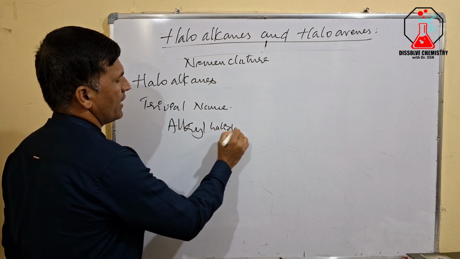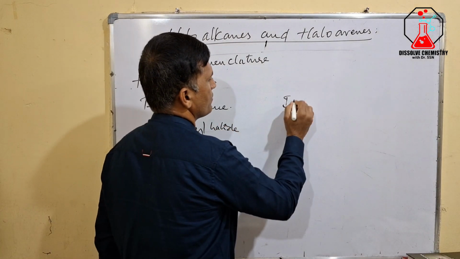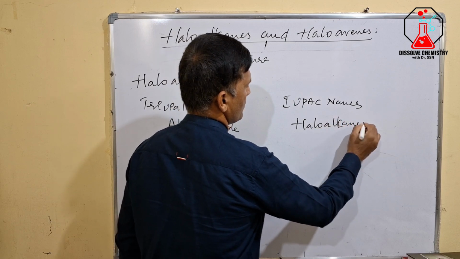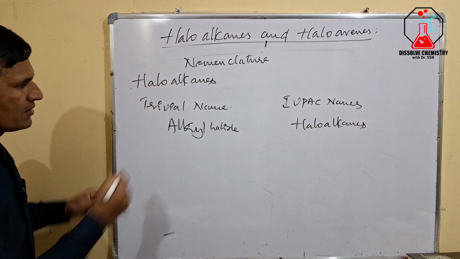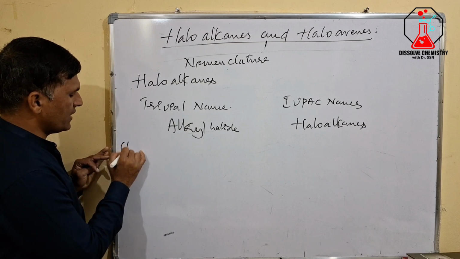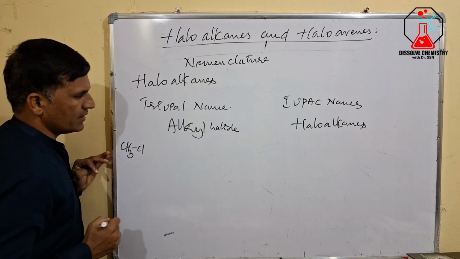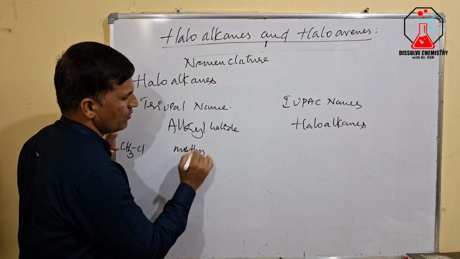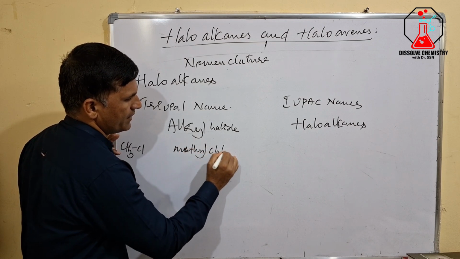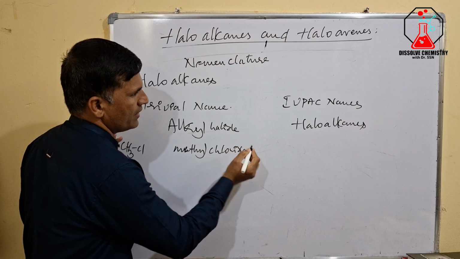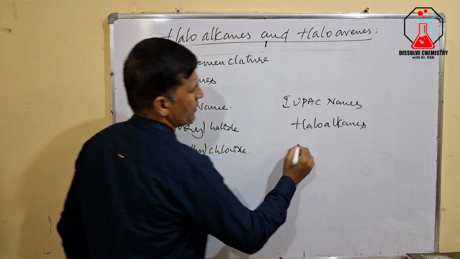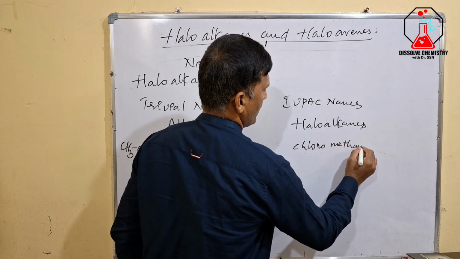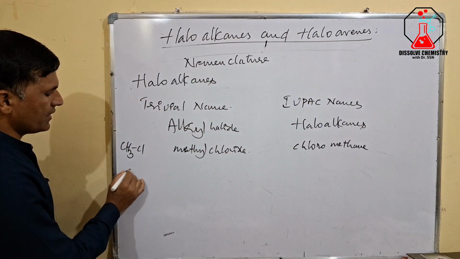Whereas IUPAC names are named as halo first, followed by the respective alkane. Say for example, we will take a simple example, CH3Cl. First we call it by the alkyl group, that is methyl chloride. Similarly, the same compound is named chloromethane.